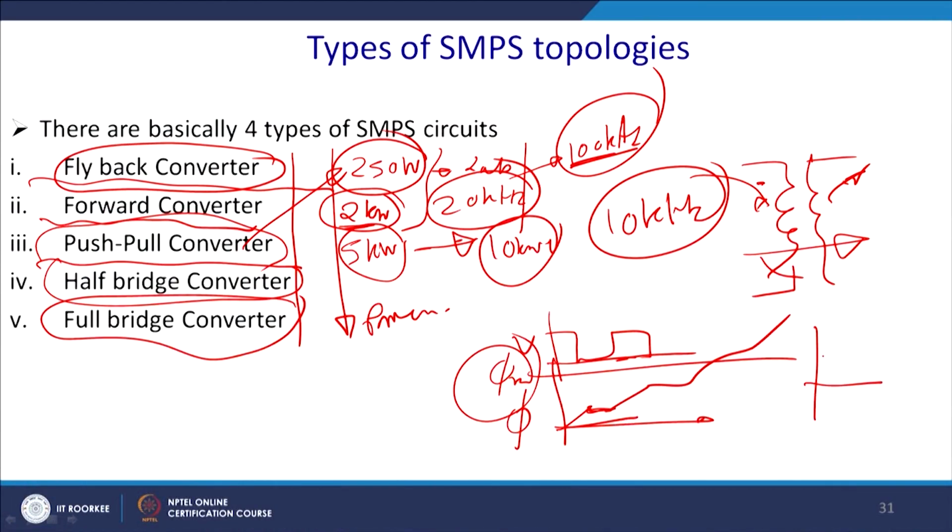So, one of the requirements of all these magnetic solutions is that you need to reset the flux in every cycle, and you have to apply a positive voltage, then in some way you reset it with a negative voltage, so that the residual flux in this transformer becomes 0.